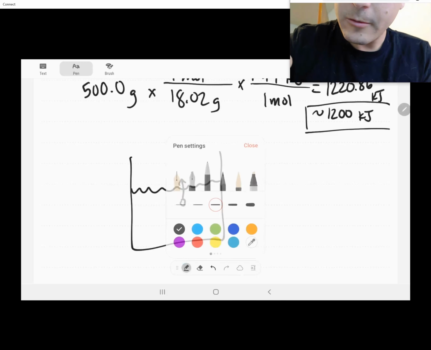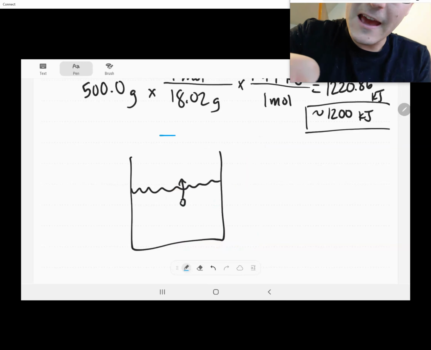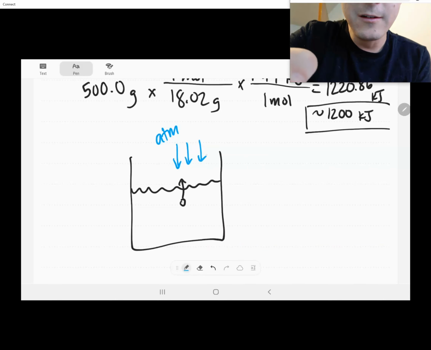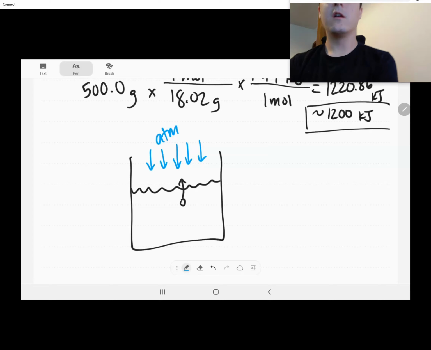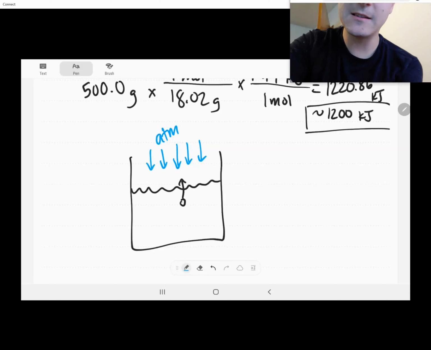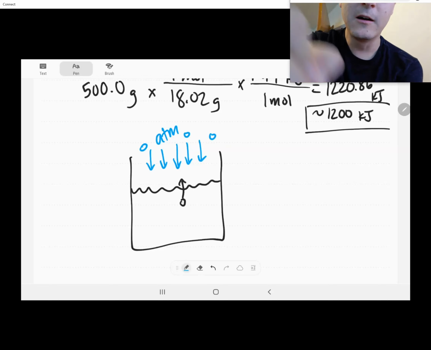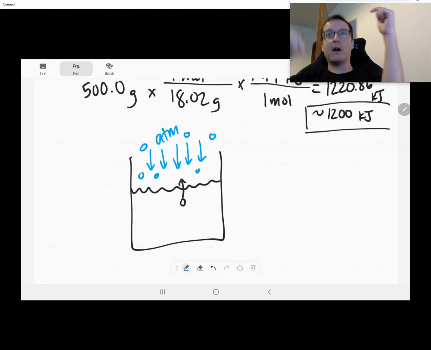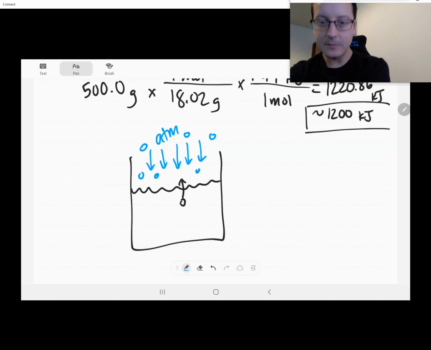We also know that the atmosphere is always pushing down on our liquid. Gases that are floating around out there are always bonking into that liquid surface.